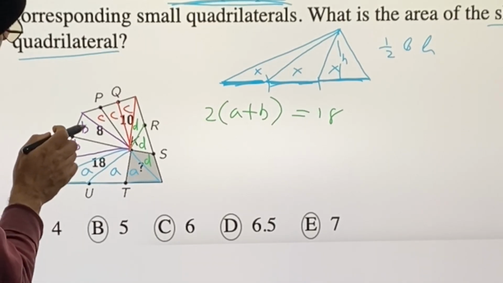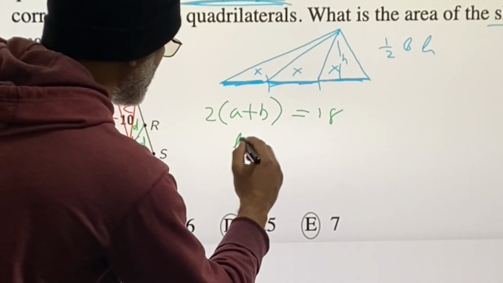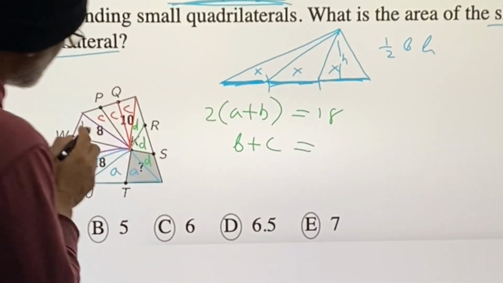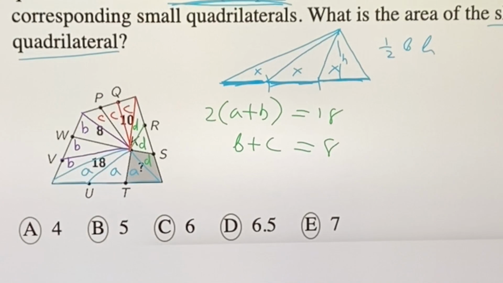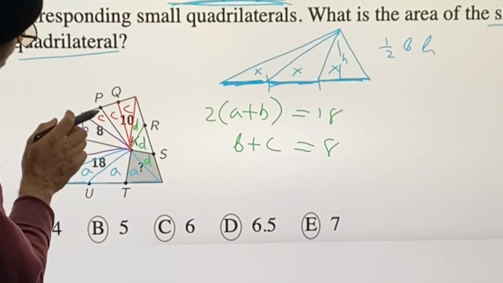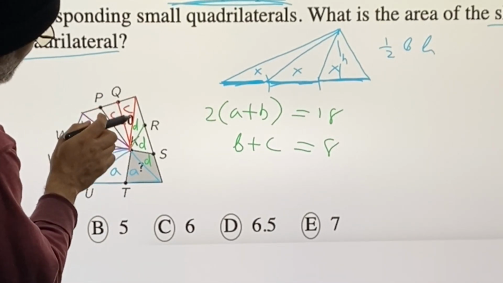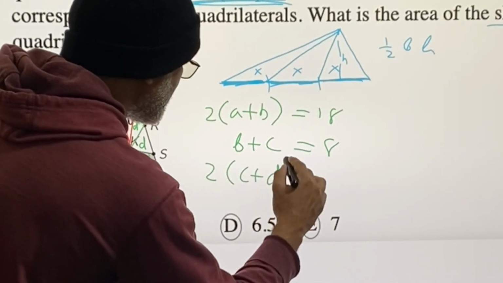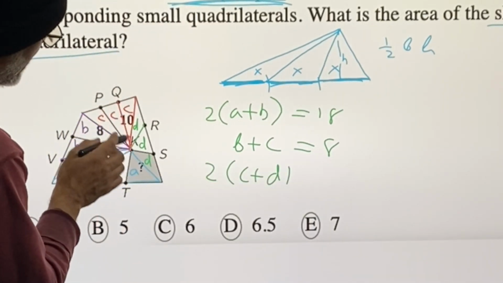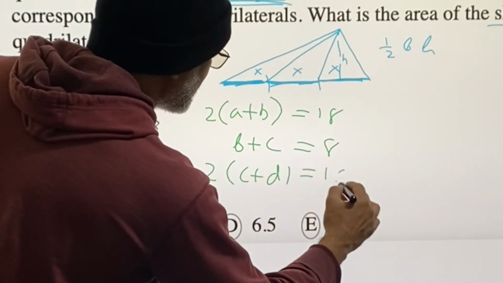Similarly, B plus C, B plus C, that is this quadrilateral, that area is 8. Same way, C plus D plus D, that is 2C plus 2D, given to us as 10.